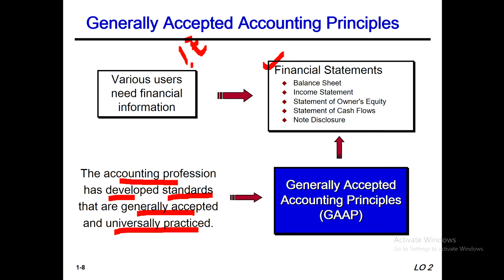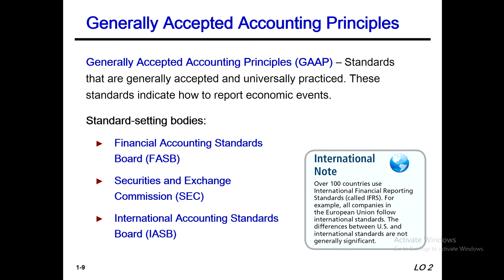Internally, the finance division, marketing division, human resource division, or management can use the financial information. Externally, the investors, creditors, taxing authorities, regulatory agencies, customers, and labor unions can use the financial statements.